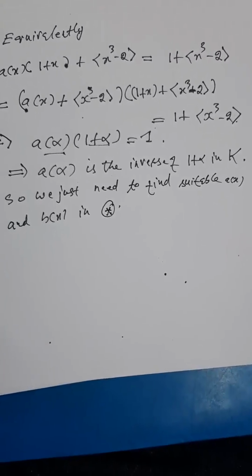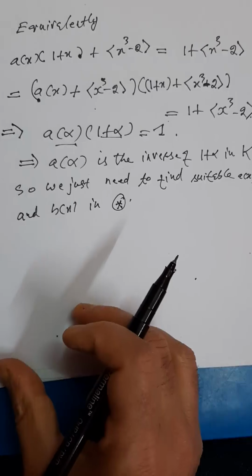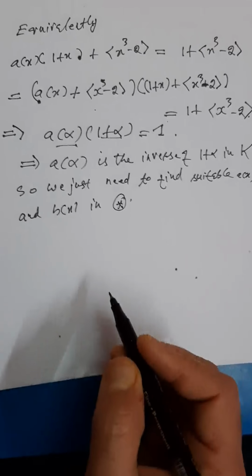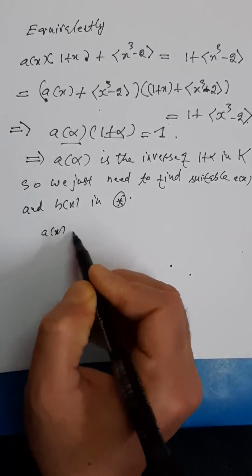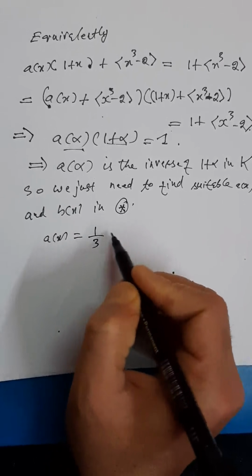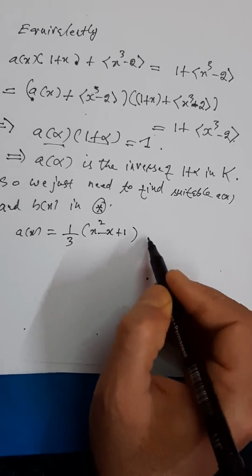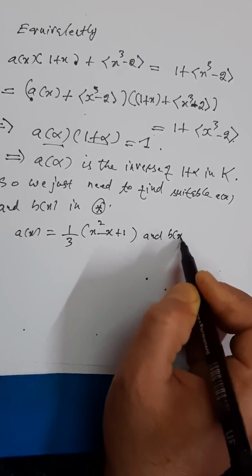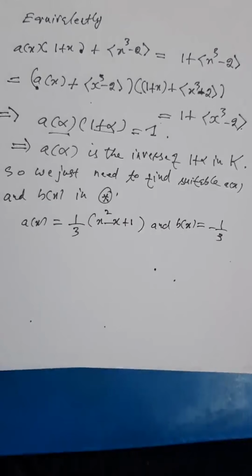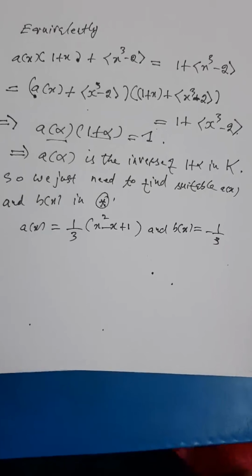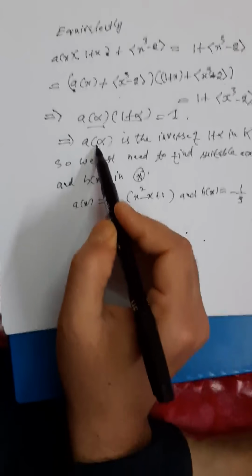So let us choose. There won't be unique a(x) and b(x). Okay, you must note this. So let us choose a(x) and b(x) as this. Choose a(x) as 1 by 3 (x square minus x plus 1) and b(x) equal to minus 1 by 3. You can easily see that the equation star is satisfied. So once equation star is satisfied, then a(alpha) would be the inverse.